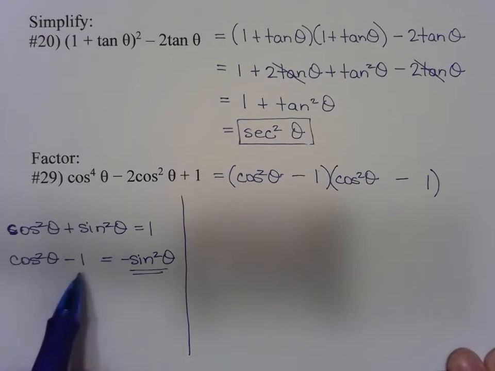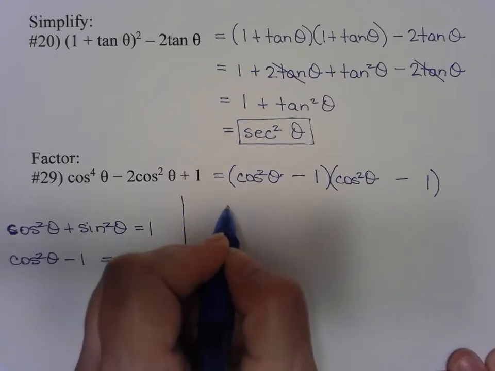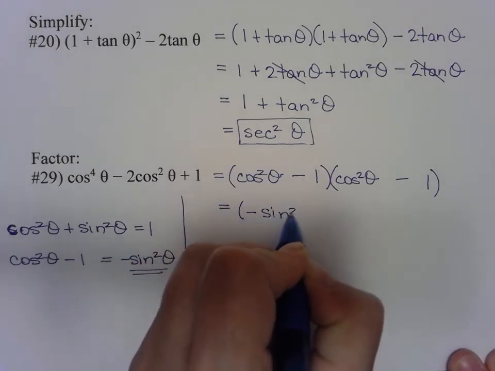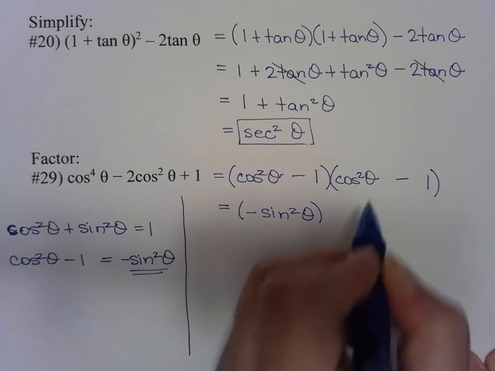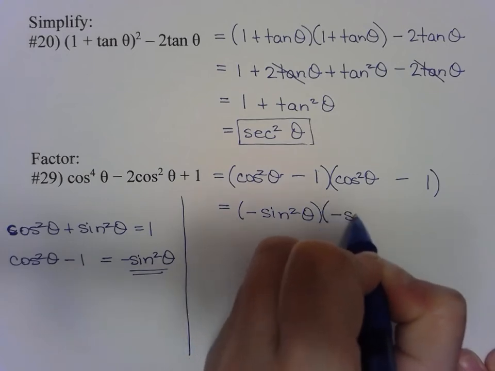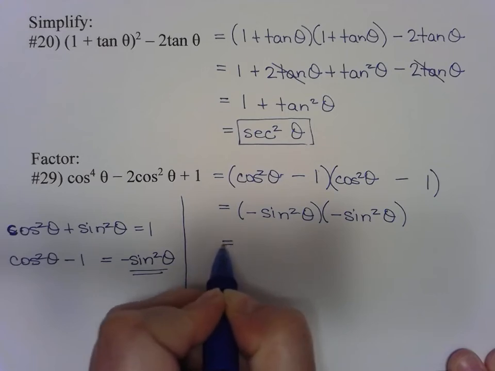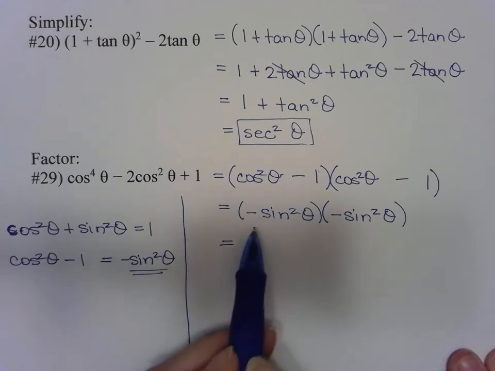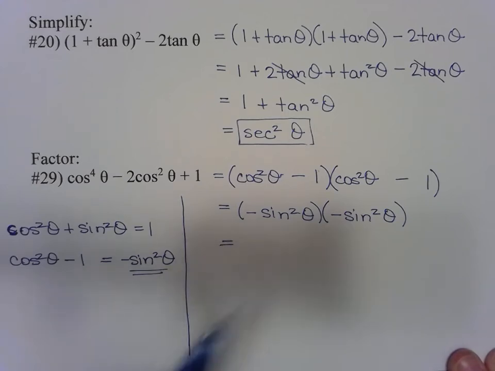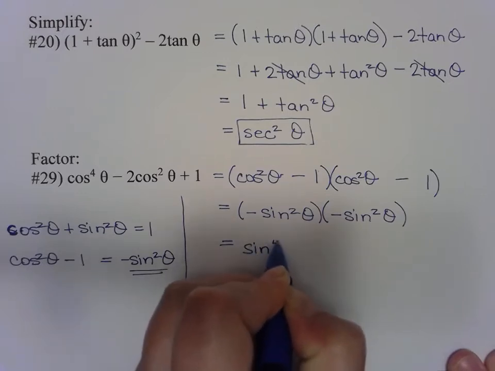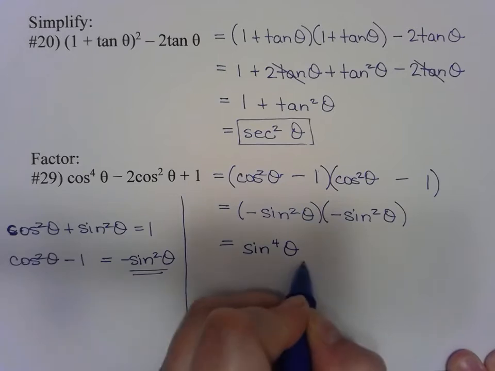I have cosine squared minus 1, so both of these are equal to negative sine squared of theta. This one also. And if I multiply them together, the negative times the negative is going to be a positive, and I'm going to end up with sine to the 4th theta.